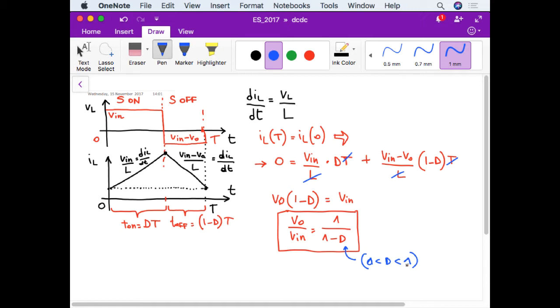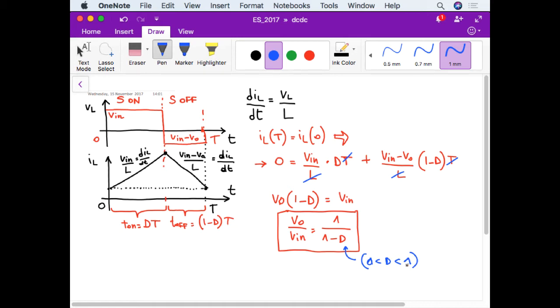Of course, we have considered really ideal conditions, and this means that we are discarding all non-idealities.